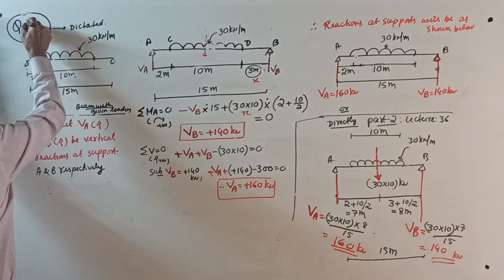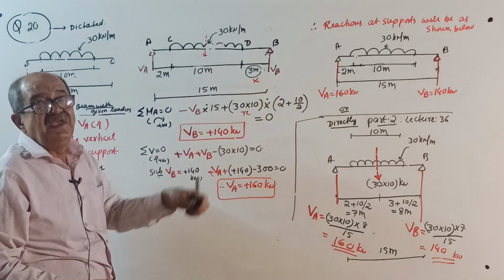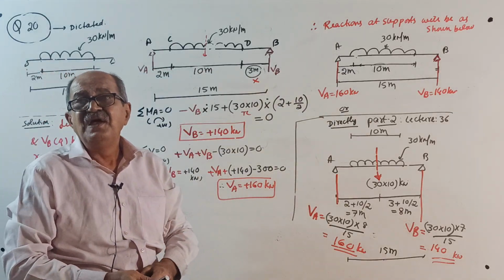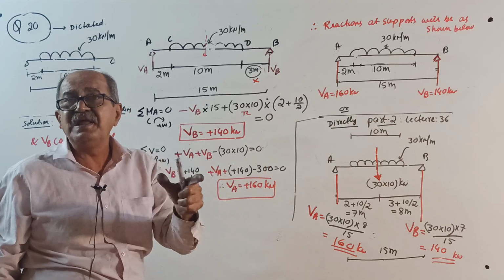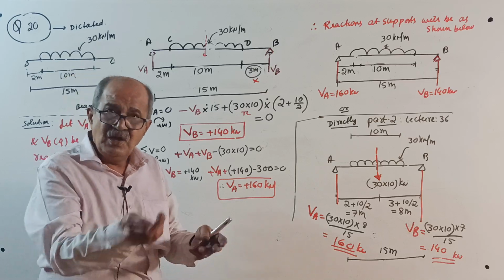Question number 20. Actually, this should have come earlier. See, when we did partial UDL, earlier we first solved symmetrical, then unsymmetrical. Now numerically, unsymmetrical is over, back to symmetrical.